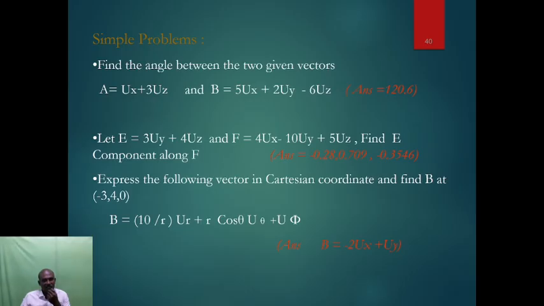The given vector is a spherical vector in terms of r, theta and phi, so you have to convert it into the Cartesian coordinate system. We have to write b in terms of dx, dy and dz at the point -3, 4, 0.